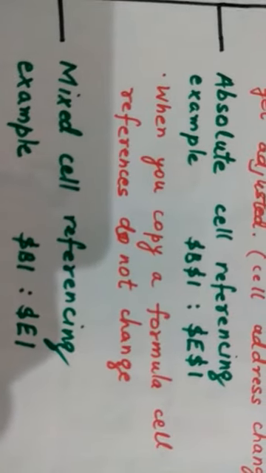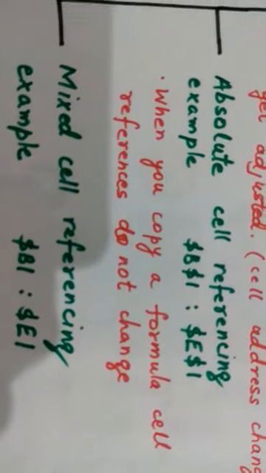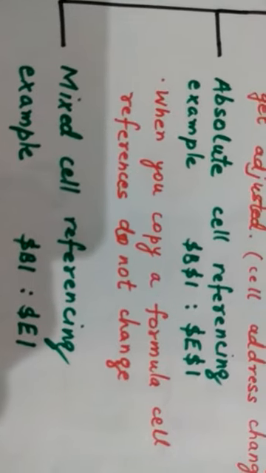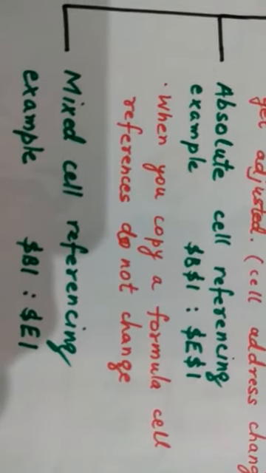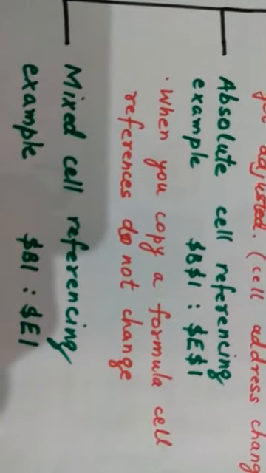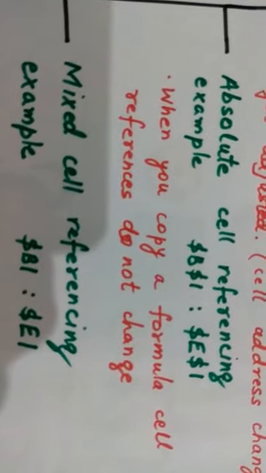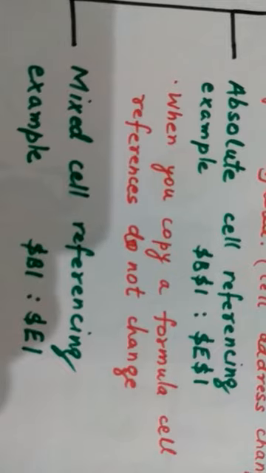Mixed cell referencing means one part of the cell address is absolute and another part is relative. So when you use mixed cell referencing, one part of the formula will change and another part will not change.